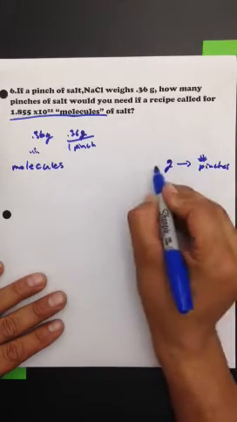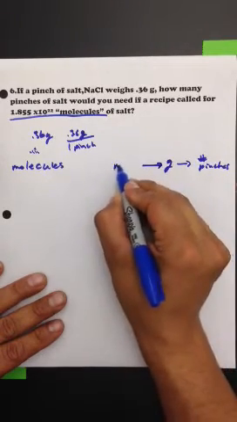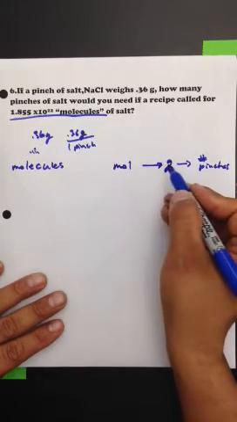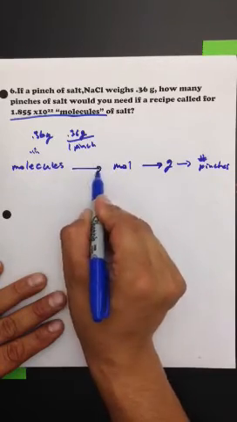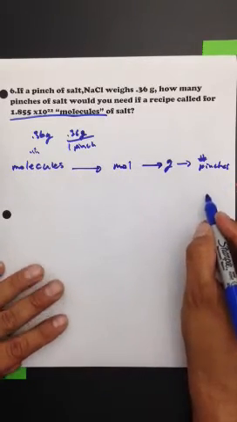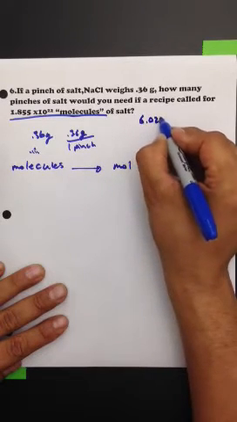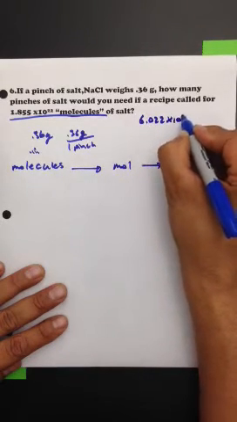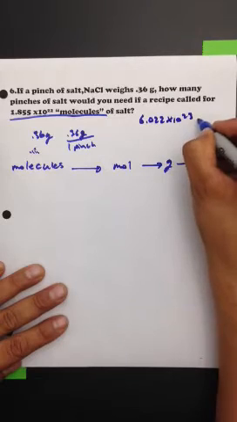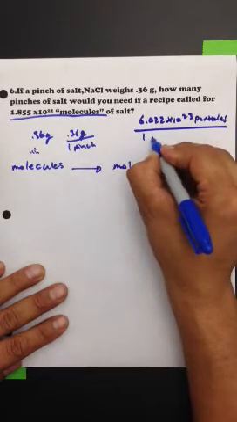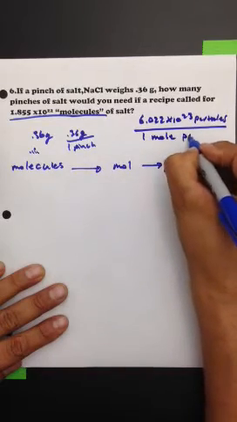Wait a minute. If we had moles, couldn't we go from moles to grams? Why, yes, we could. And can't we go from molecules to moles? What's that conversion factor? It was on the board. Remember this? 6.022 times 10 to the 23rd of anything, any particles, is equal to 1 mole of particles.